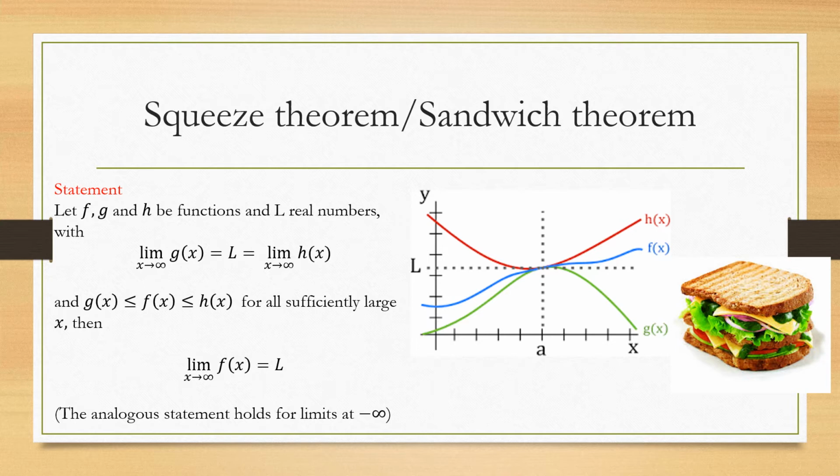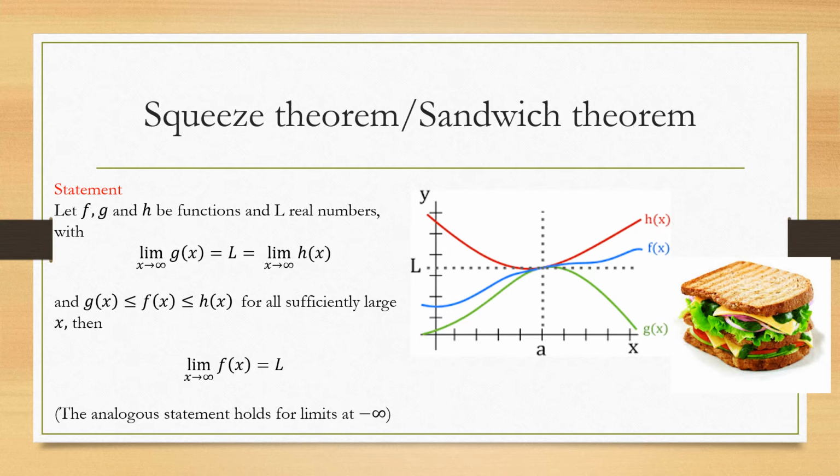Now let's consider three functions f, g and h, and L a real number. So what is L? The value on the y-axis. When the limit as x extends to infinity of g of x approaches L, and the limit as x extends to infinity of h of x tends to L, what am I trying to convey?